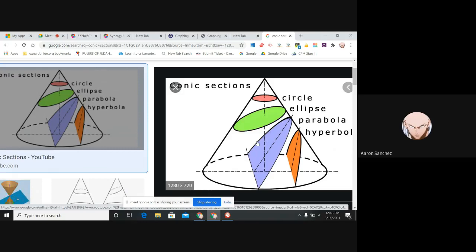It's a parabola. And then the last one is a hyperbola, which is like two parabolas facing outside of each other. Now, basically what conic sections means is, through graphing, through algebra, I'm going to show you how to graph a circle, an ellipse, a parabola, which you already know how to do, and a hyperbola. So how do you graph a circle?